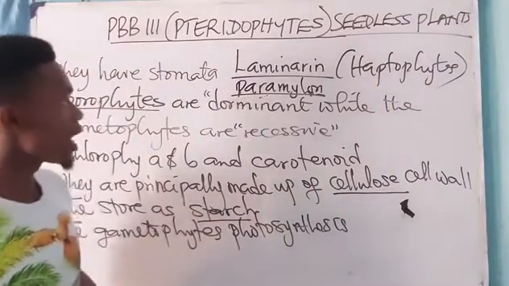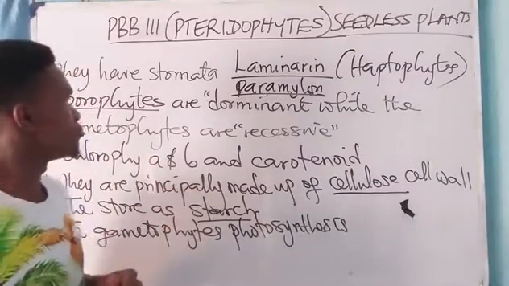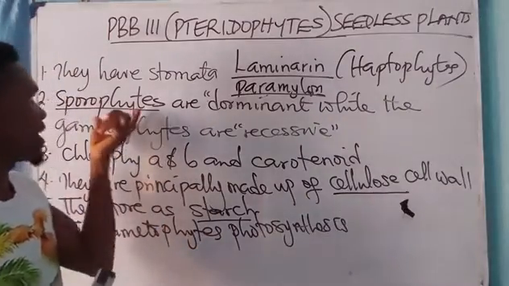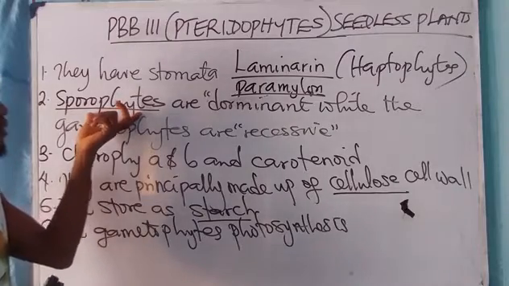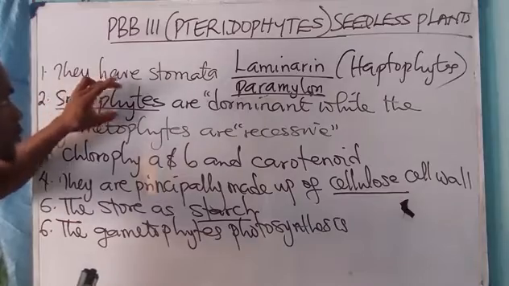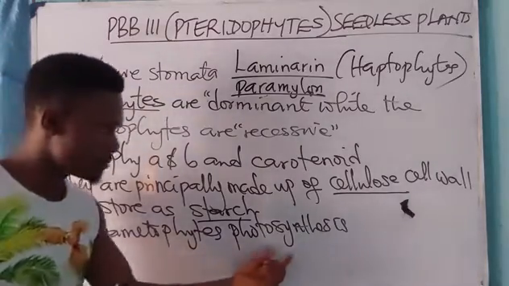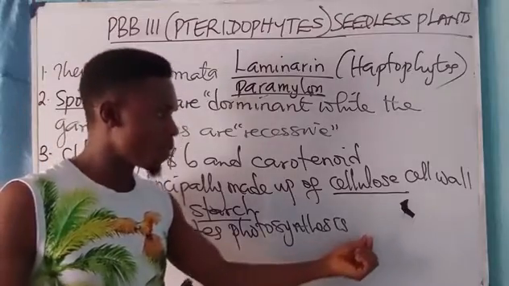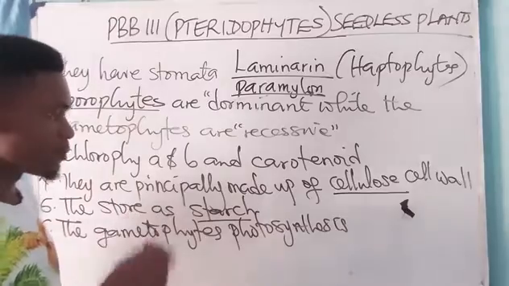They are long-lived. Alright, they are long in structure, and they have a very long life span. Take note of that. They are always photosynthetic. They produce their own food. I said the gametophyte could be photosynthetic, or they derive their nutrients from the soil.